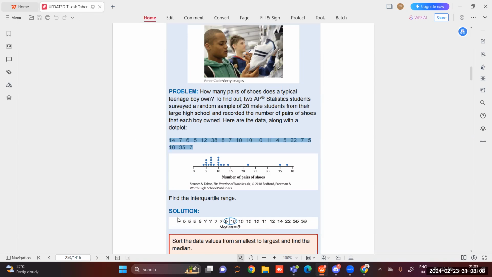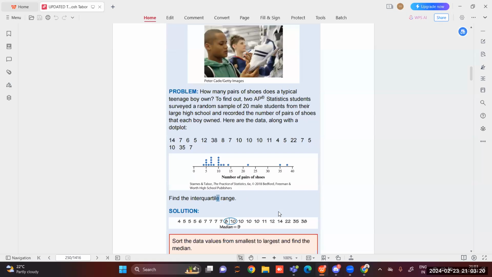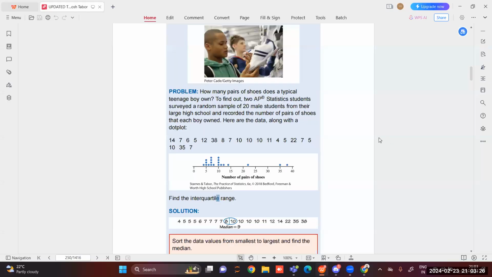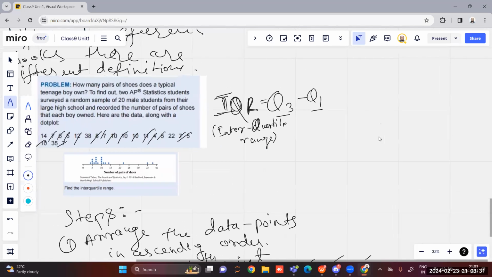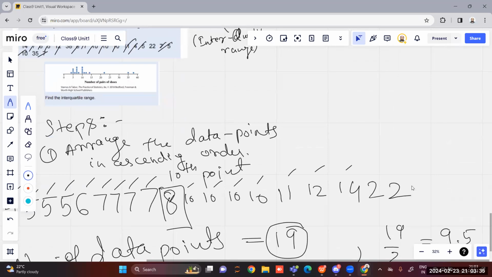Here we have one 4, three 5s, one 6, four 7s, one 8, then after 8 there are four 10s. Then one 11, one 12, one 14. And then I've missed 22.